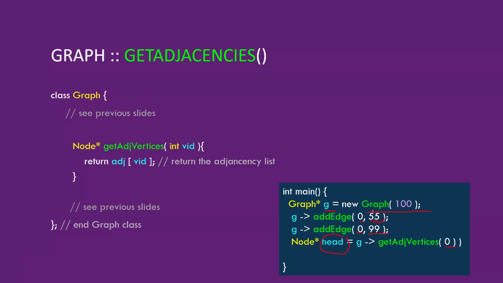So that should be a linked list with 55 and 99 in it. Okay. And then we could do something with that, right? We could follow those vertices to wherever they lead us at other parts of the adjacency list, okay?